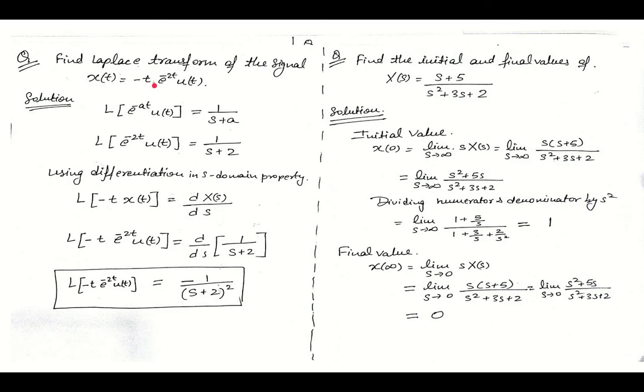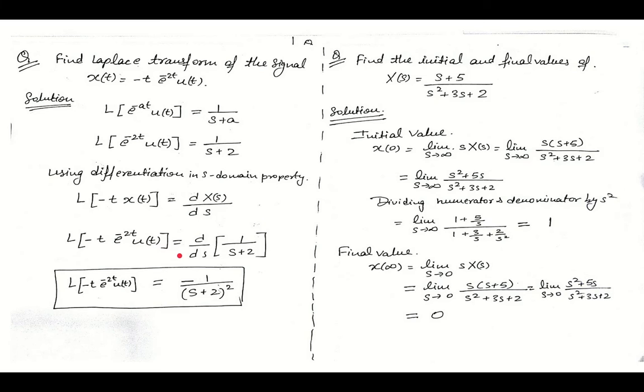So in place of x(t), I can put e to the power minus 2t u(t), and we already know that the Laplace of e to the power minus 2t u(t) is 1 upon s plus 2. So multiplying it with minus t will yield the differentiation of X(s), and that X(s) is nothing but the Laplace transform of e to the power minus 2t u(t).